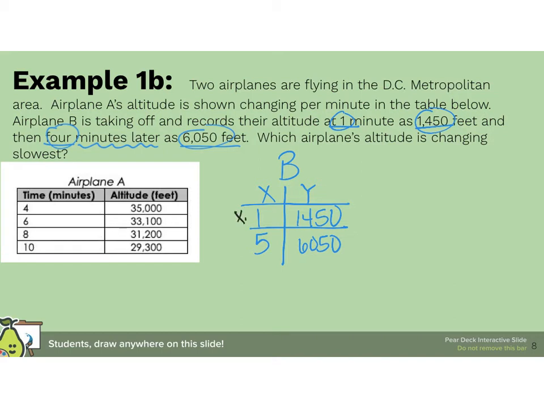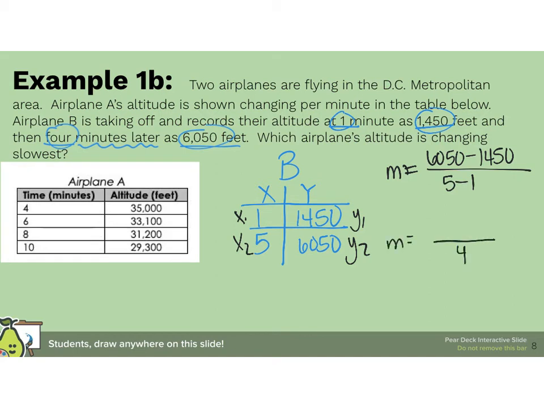I only have 2 points. So here's my labels. Plug it into the slope formula. 6,050 minus 1,450 over 5 minus 1 gives me something over 4. Let's see, 6,050 minus 1,450, 0, 0, 5, 10.